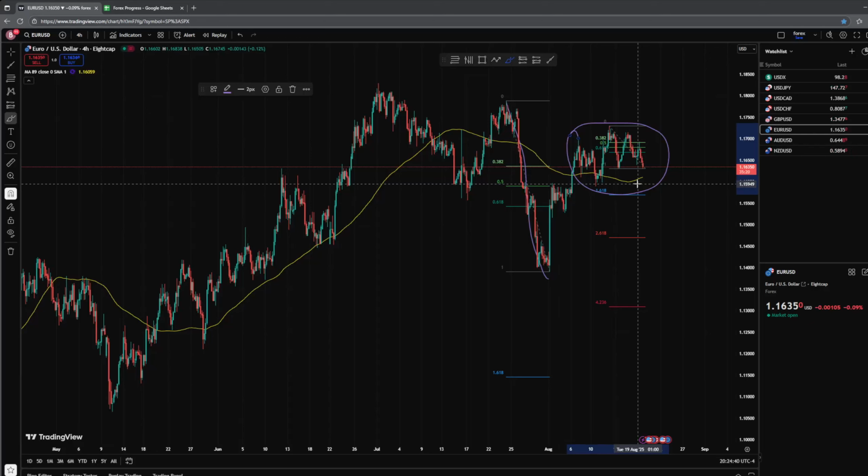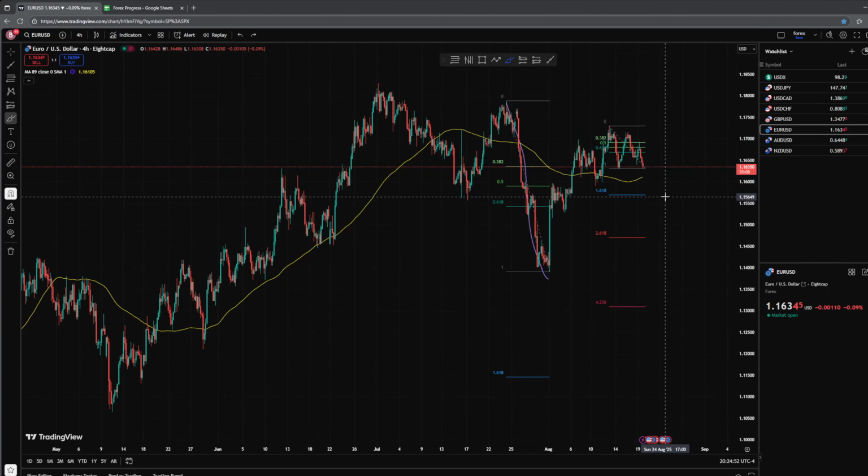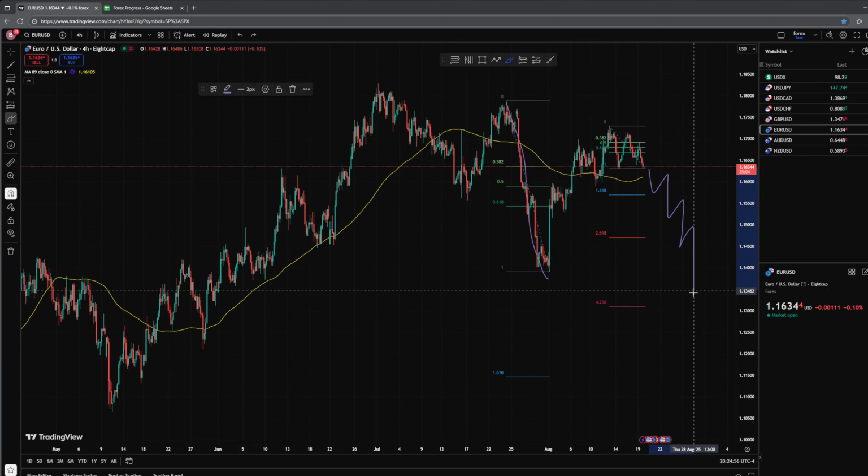So that is a sign of a weak trend again. So anyway, I still have a sell position on Euro USD, which is a perfect execution, and I just need to keep my position open and let the market hit some Fibonacci extension down here.